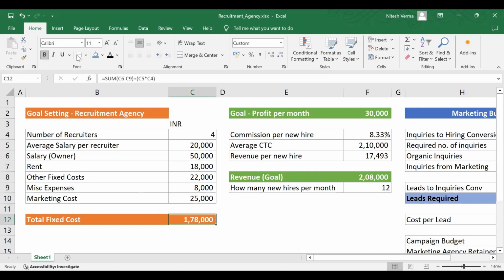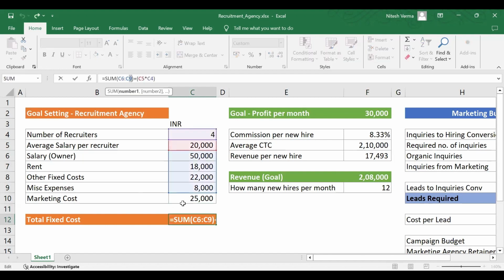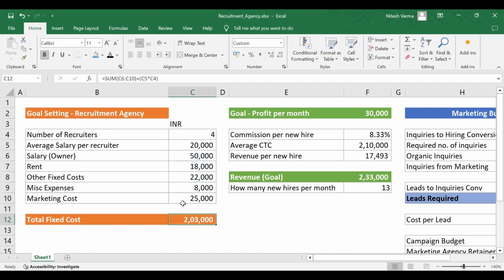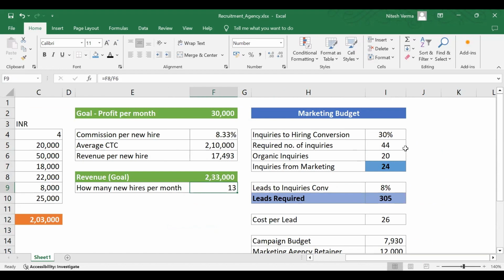This cost would increase, so this would become C6 to C10. So now their expenses increase to 203,000 because they factored in a marketing cost, because now she knows that they need more inquiries than what they generate organically. So at an increased cost with the same revenue goal, their revenue requirement has increased. And now instead of 12, they need to hire 13 new hires, and that will increase the requirement of leads.